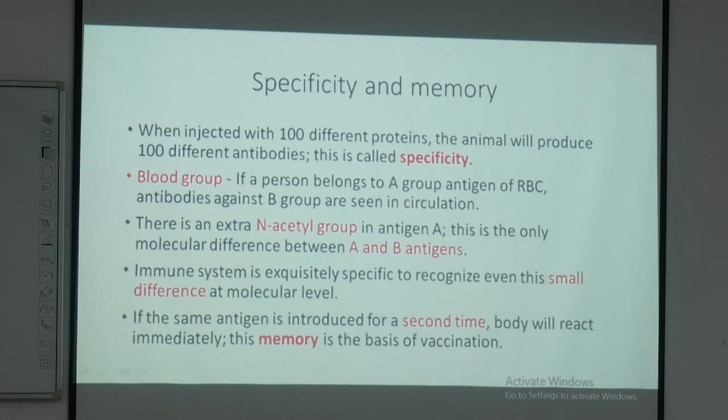We know 5 kinds of immunoglobulins, GAMDE. So if a person has blood group A, what kind of antibody will he have? Anti-B antibody. So among the 5 groups, which group will this antibody be classified under? These are generally classified under IgM.